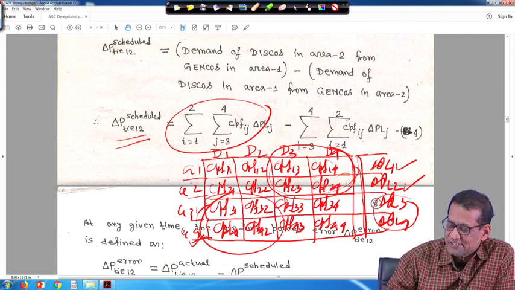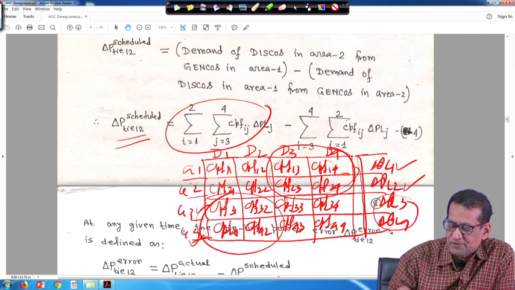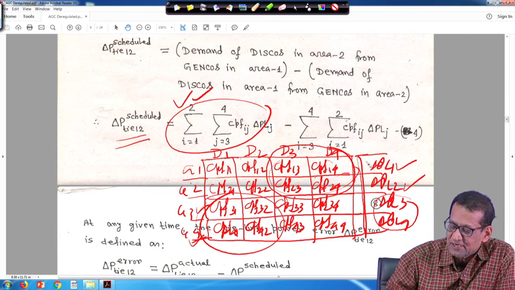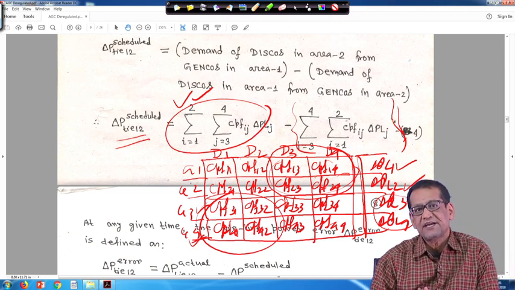This part comes as Cpf 13 into delta PL3 plus Cpf 14 delta PL4, then Cpf 23 delta PL3 plus Cpf 24 delta PL4. This term, minus, here you take Cpf 31 delta PL1 plus Cpf 32 delta PL2, everything in brackets, plus Cpf 41 delta PL1 plus Cpf 42 delta PL2.